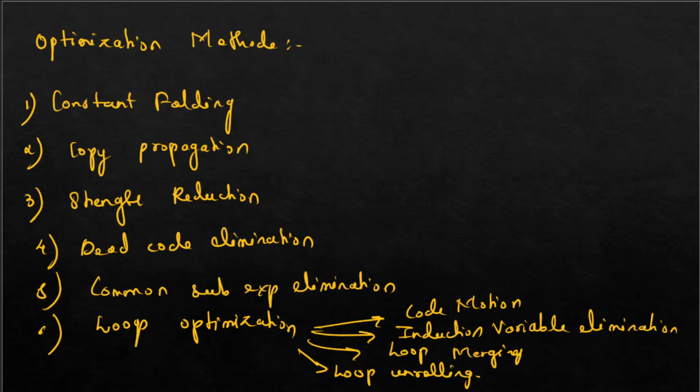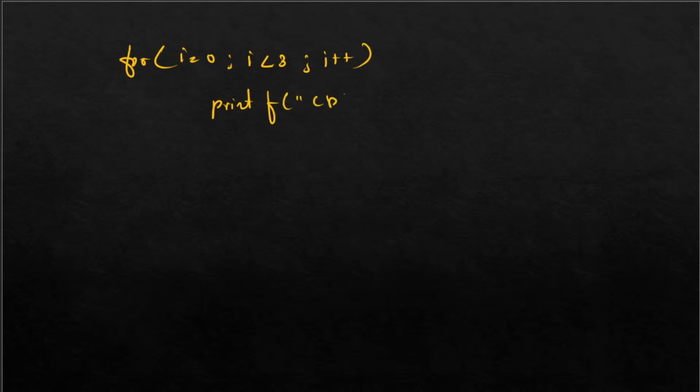All right, everyone. Any doubt till now? See, for example, if you want to see the last loop unrolling problem, let's say a for loop is there, i equals 0, i smaller than 3, i plus plus, and we have to print CD.